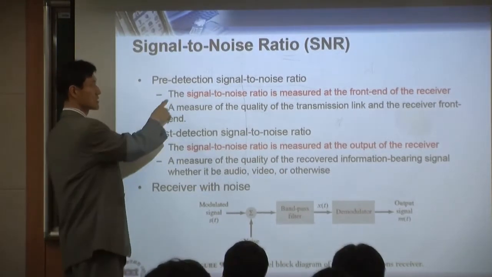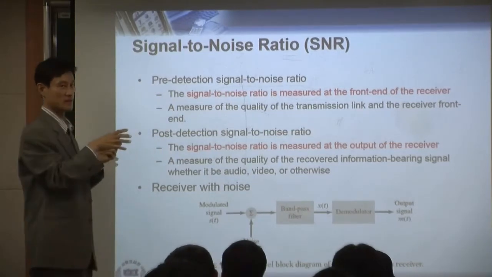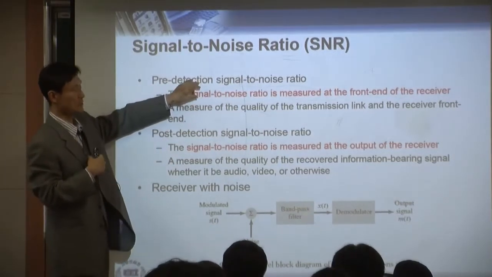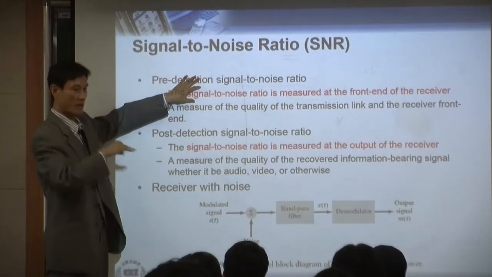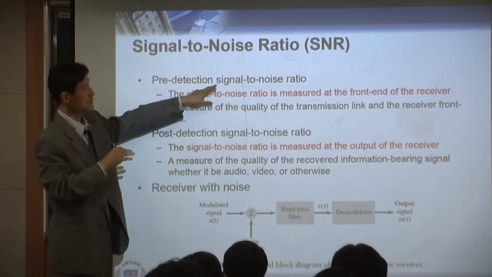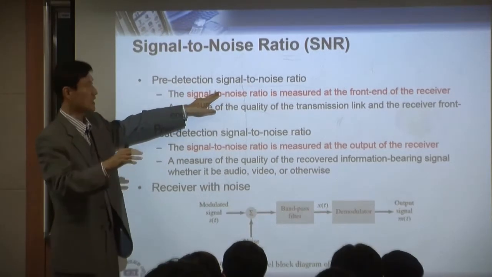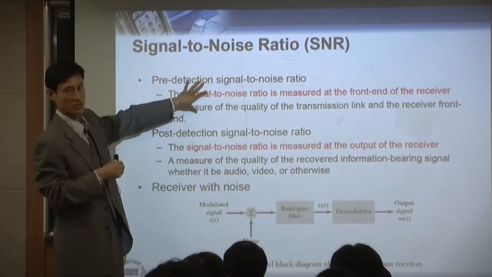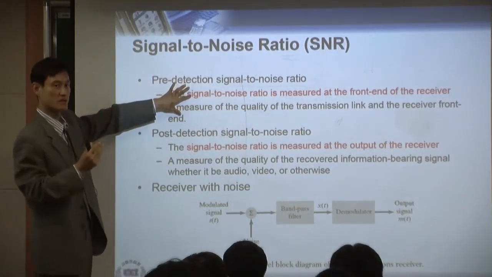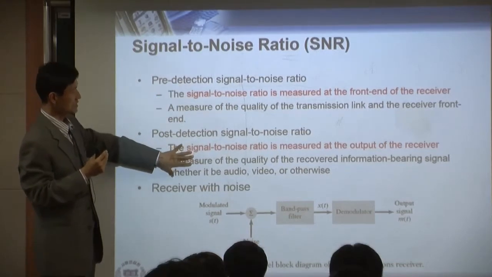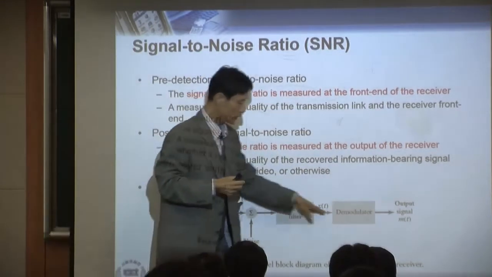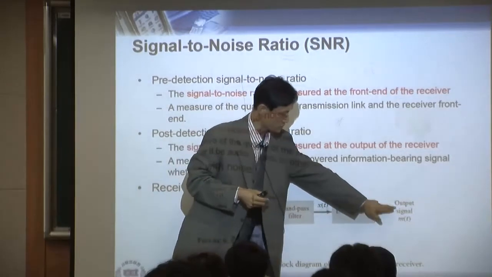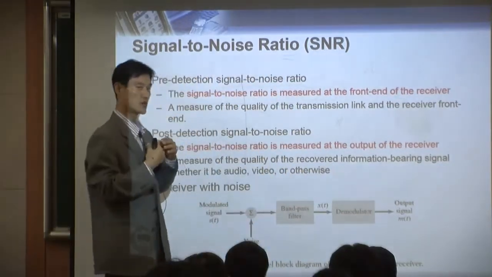So for pre-detection SNR, you grab the signal over the air and measure the SNR right away. Therefore, the signal you measure is a passband signal. We are looking at the passband signal and measuring the power. That's the signal power divided by noise power, still in the passband. However, in post-detection, you go all the way through the demodulator, so at the end you recover your message.